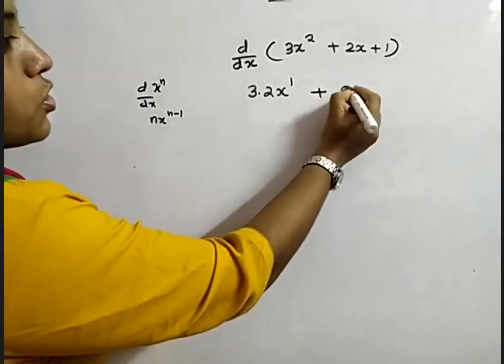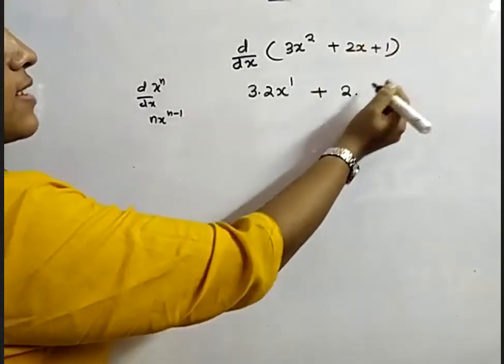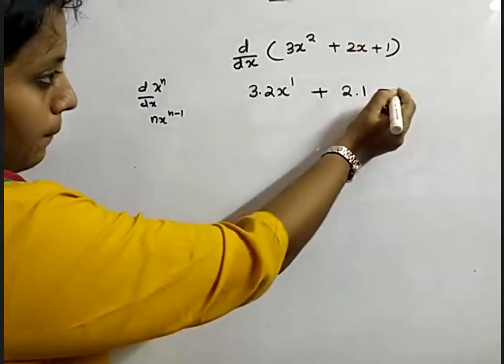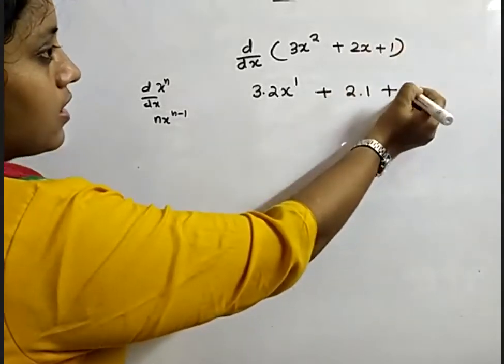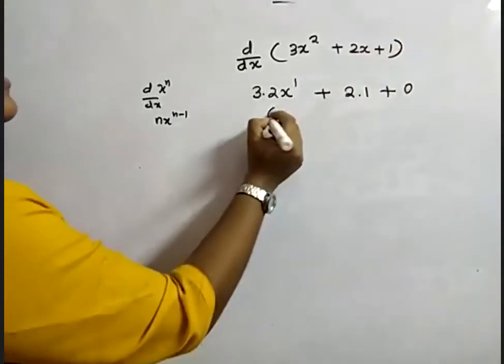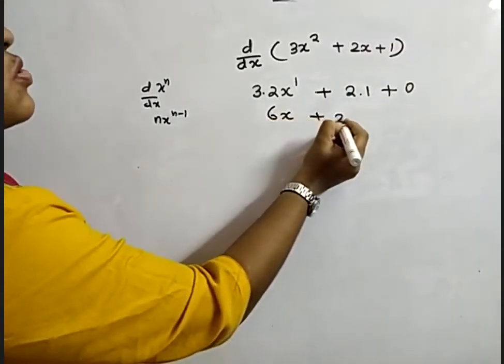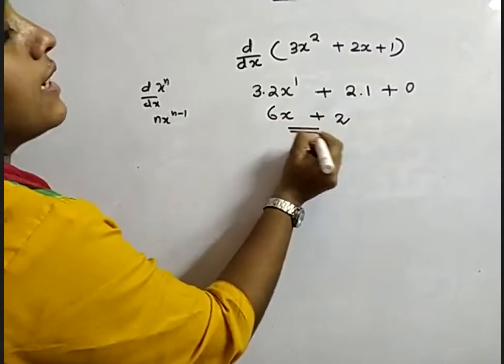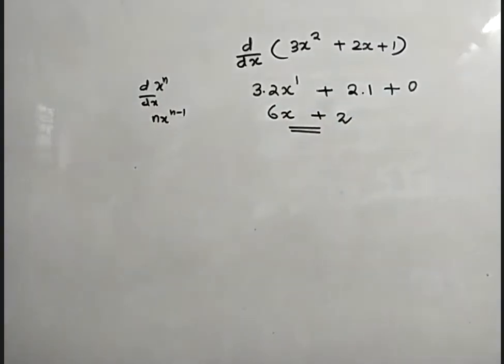Plus 2 into the derivative of x, which is 1. Plus the derivative of 1 is 0. So 6x plus 2 is the derivative. Clear? So this is how you will find the derivative of an algebraic function.